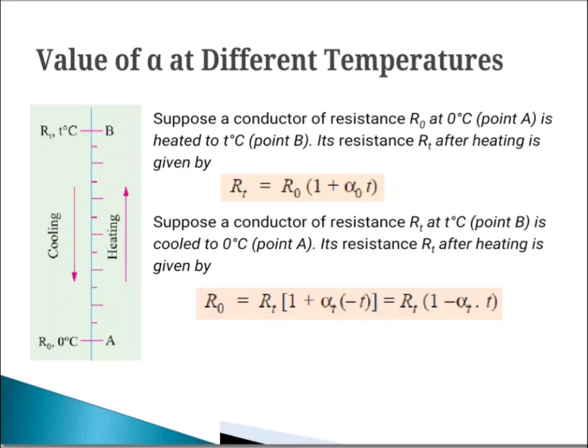At that condition, its resistance R0 is equal to Rt bracket of 1 plus alpha t into minus t. This is the final formula, that is R0 is equal to R of t bracket of 1 minus alpha t into t, where alpha t is the temperature coefficient at t degree Celsius.